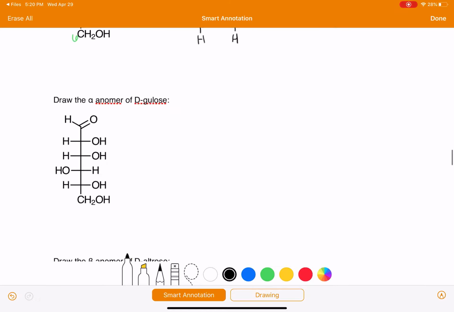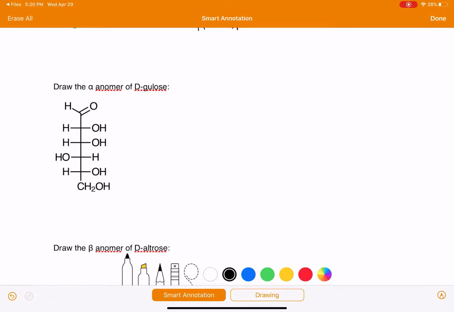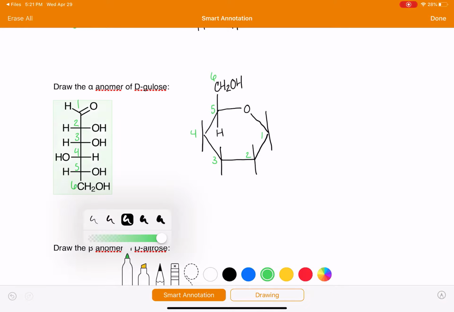So we have 2 more, and both of these are also aldoses. Let's get that general structure for the aldose drawn. And aldoses always have CH2OH up top. Let's put our carbon numbers in. 6, 5, 4, 3, 2, 1. 1, 2, 3, 4, 5, 6.